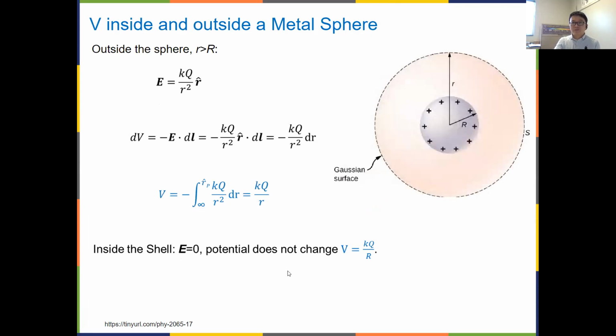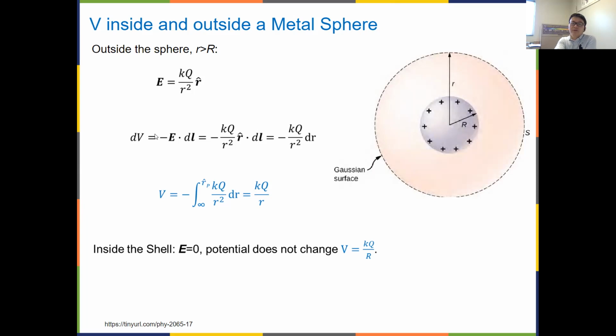Now for volume charge distribution, we will look at the simple case of a spherical, uniform charge distribution. If you are outside of the charge distribution, then for E at any point, you can use Gauss's law. It's easy to determine E equal to kQ over R squared in the radial direction, where Q is the total charge on the spherical charge distribution.